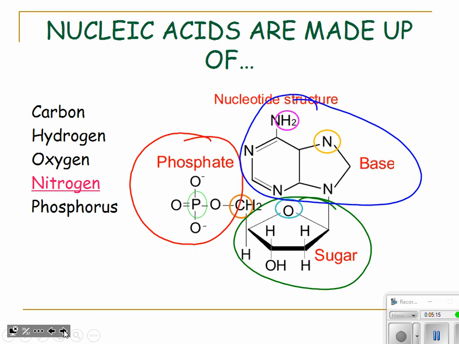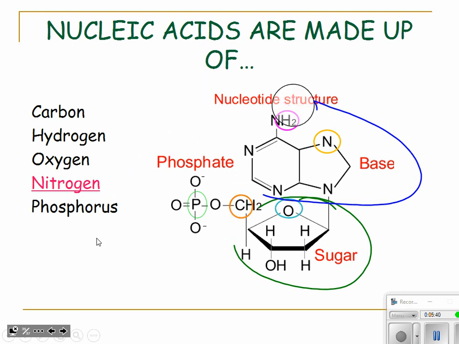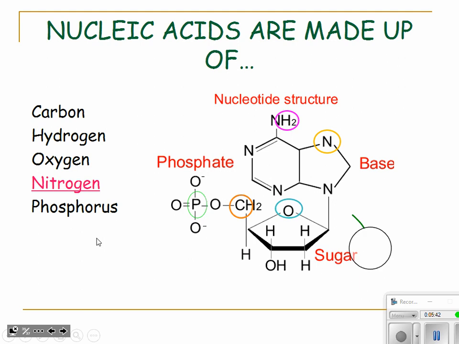And you can see that all of these chomps, C, we can see some C's in there. We see H's, we see O's, we see nitrogens, and we also see phosphorus in the phosphate group. So all of the chomps are present in this one nucleotide.